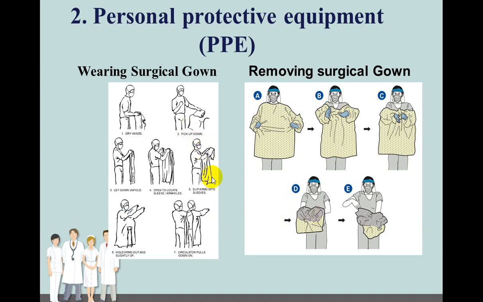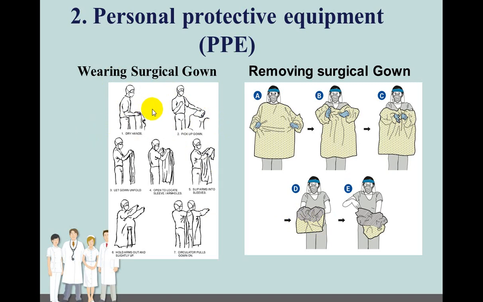Always remember, during wearing the surgical gown, you are dealing with a sterile gown or clean gown, whatever. So you grab them from the inner side, the side which will be in contact with your body.